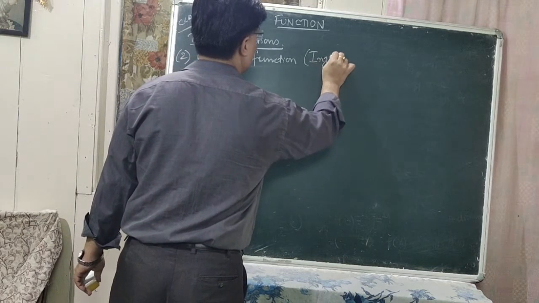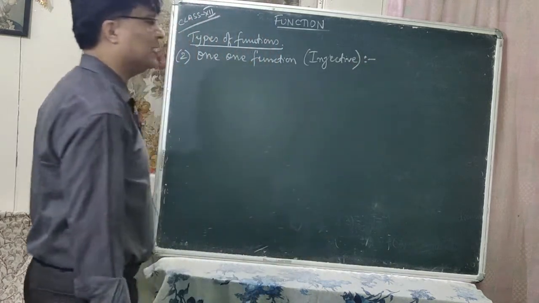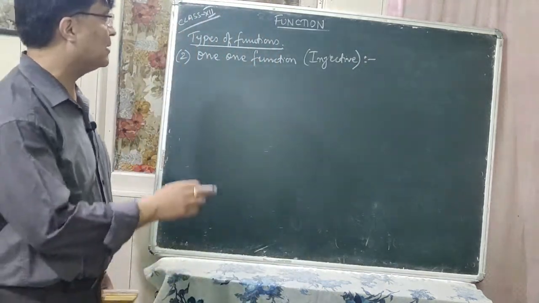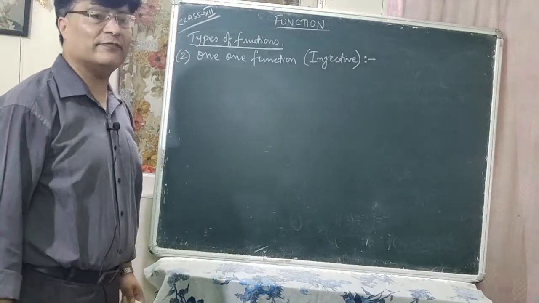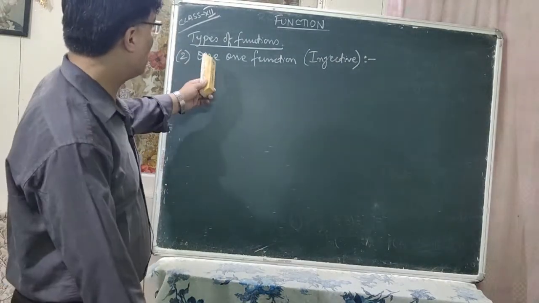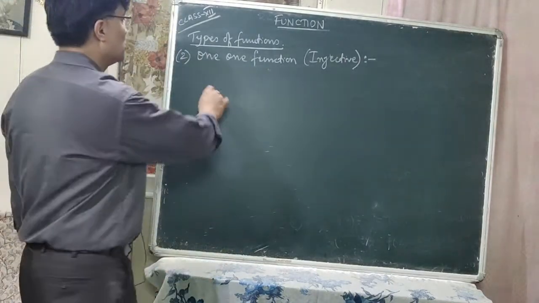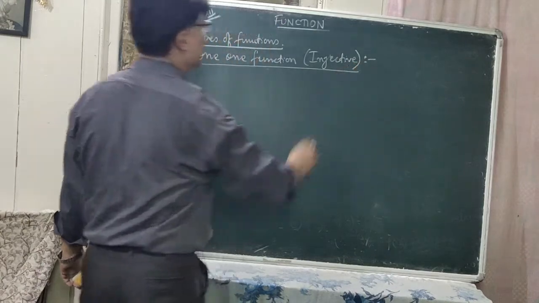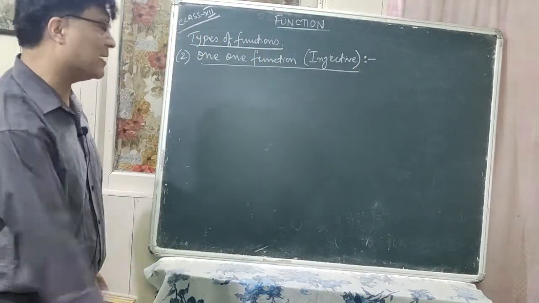This is also known as what? Injective. 1-1 function, or it is also known as injective function. So what type of function is known as injective function? Okay, let us take an example.